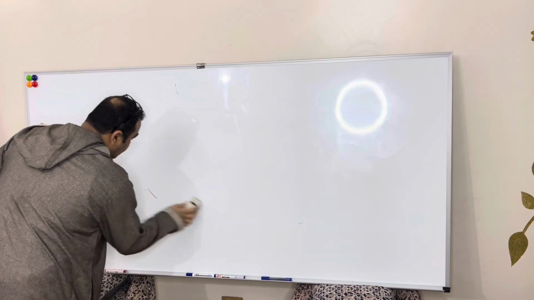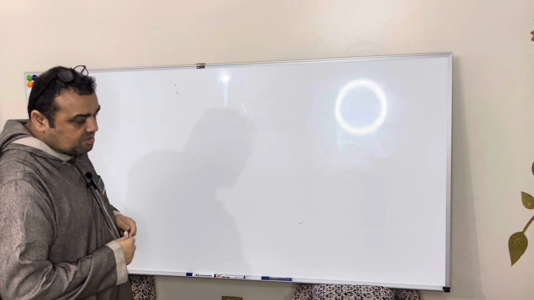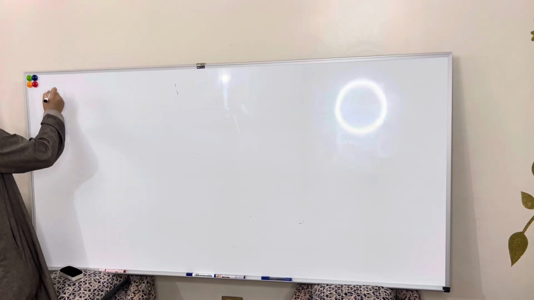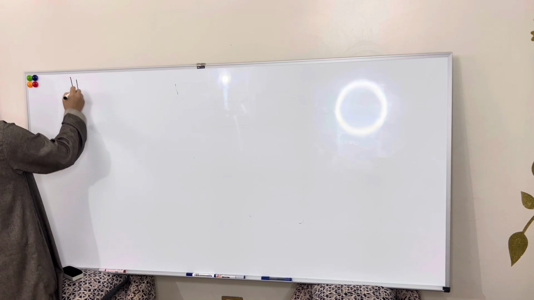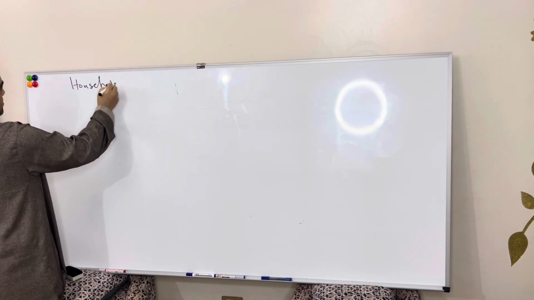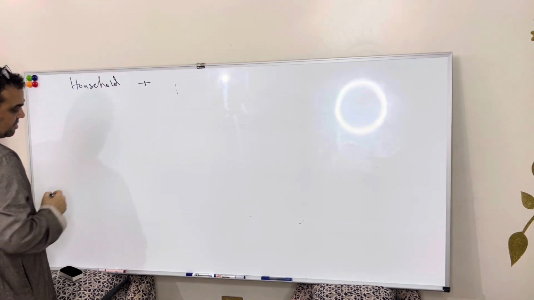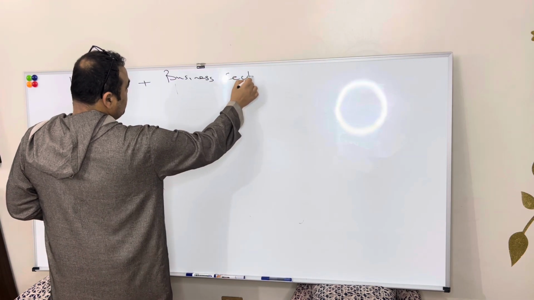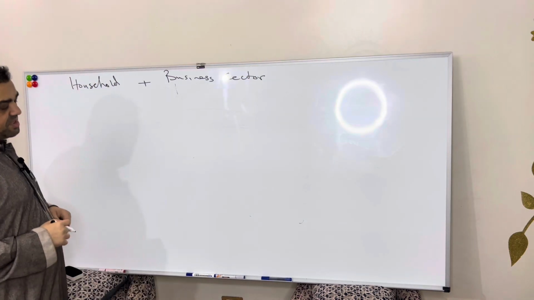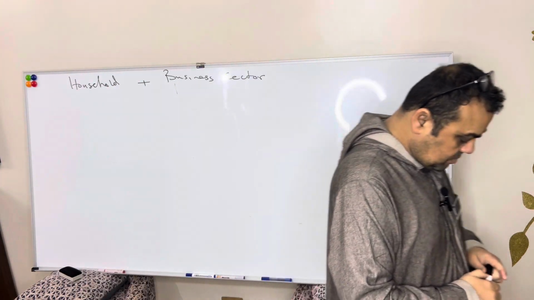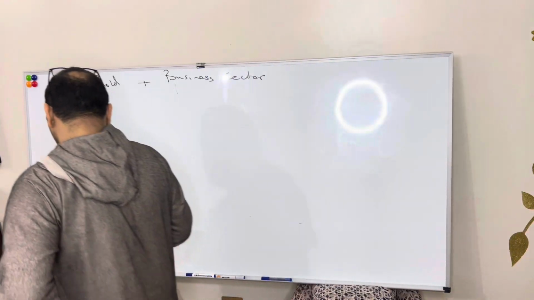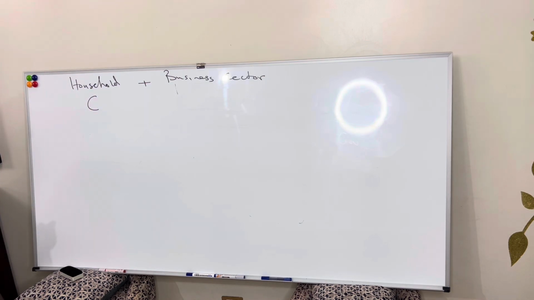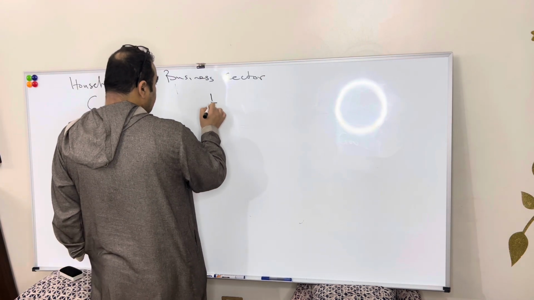In this very simple economy, we will assume that we have two sectors: the household sector plus the business sector. The household sector represents the consumption. The business sector represents the investment.